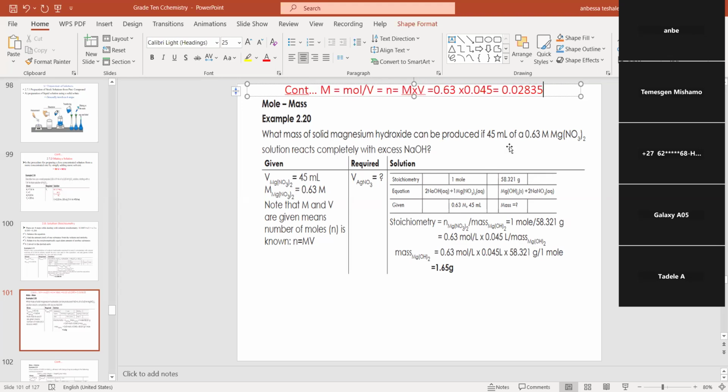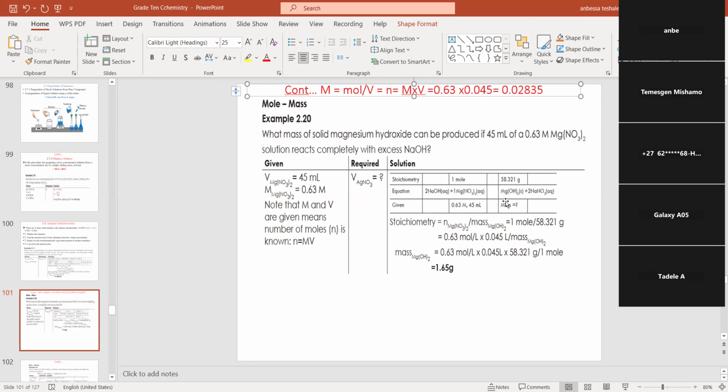This is the mole of magnesium nitrate, the given mole. So we write the given mole above magnesium nitrate here. Then the coefficient of magnesium nitrate is 1, equal to magnesium hydroxide, x over 1.